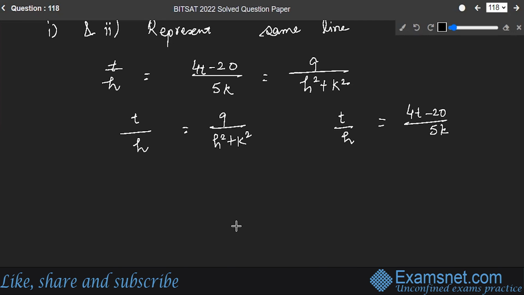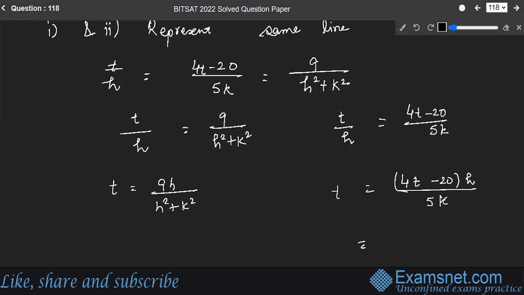Here you have t is equal to 9h upon this, and you have t is equal to (4t minus 20) into h upon 5k. I will make t the subject of the formula.